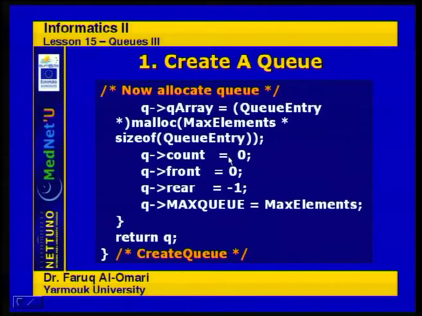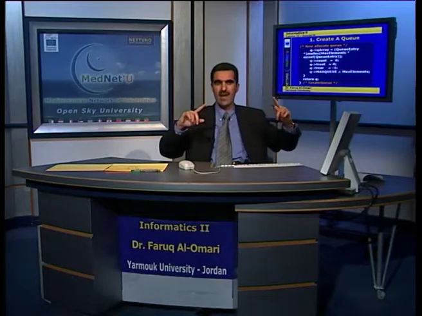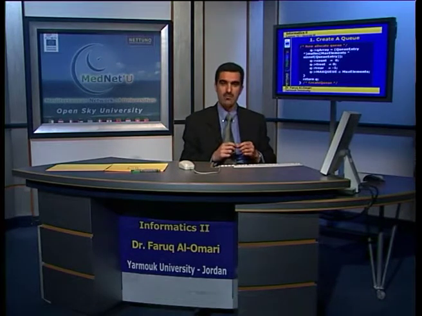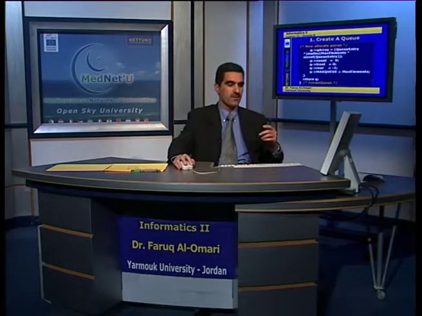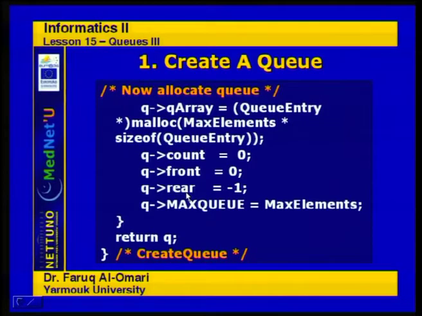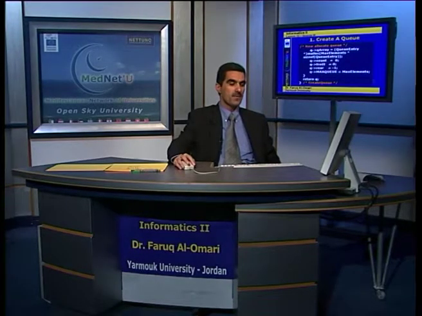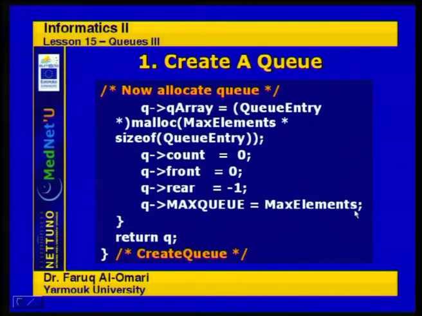Queue arrow count equals 0, it's empty. Front equals 0 and rear equals -1, and that's the beginning to indicate that the queue is empty. We start from -1 just to keep the logic correct so that front and rear always differ by 1 when the queue is empty. And make max queue equal to the maximum number of elements.